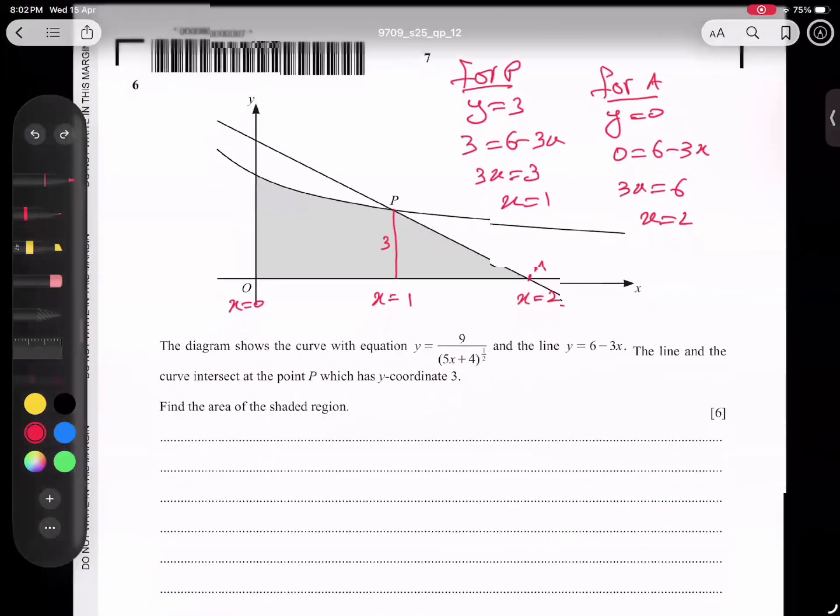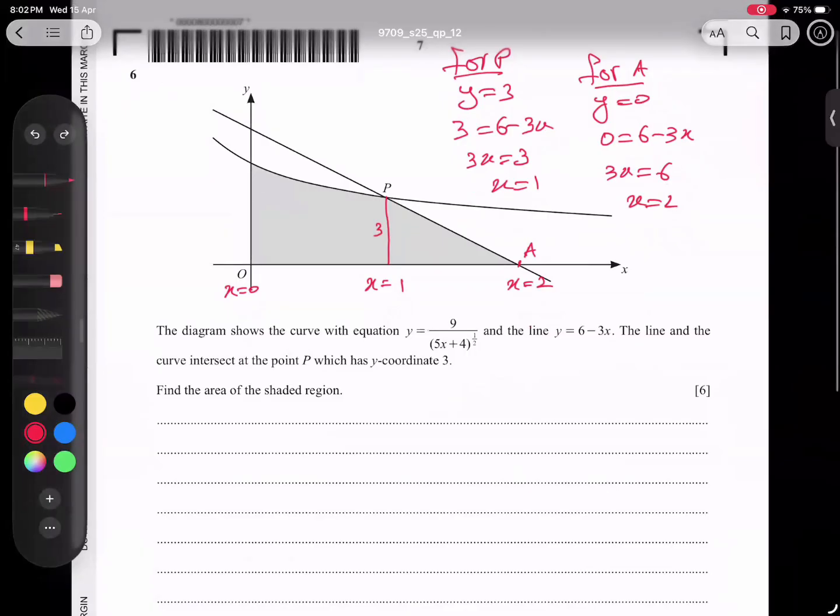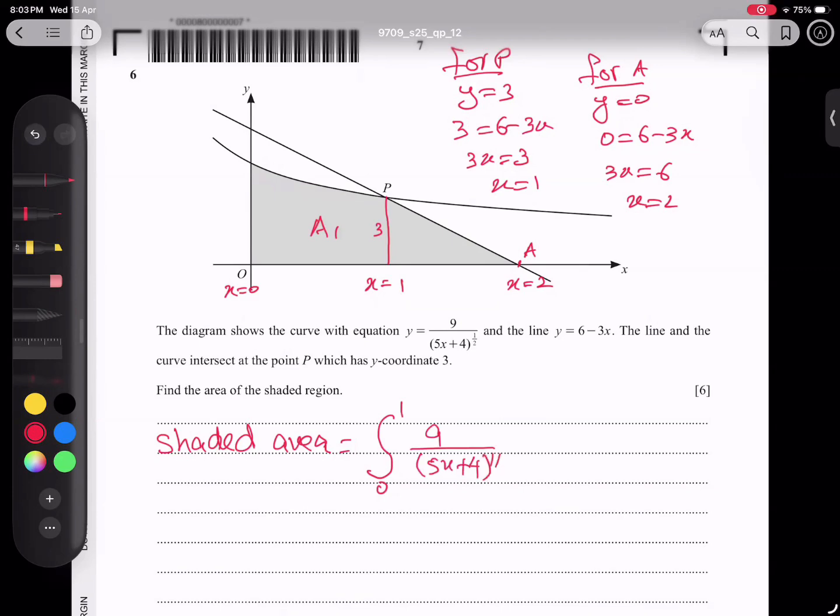How to get the shaded area? First I will do 0 to 1 under the curve, because this area, I'll call this area 1, I get only by the curve. So I will take this equation, 9 over (5x plus 4) to the power half. Plus, this area I can get 2 ways.